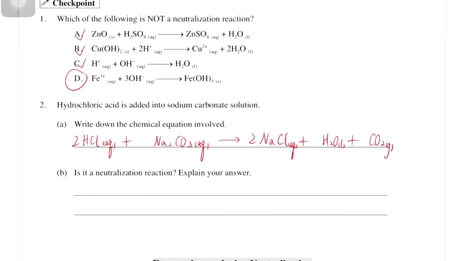Okay, so is this a neutralization reaction? Explain your answer. Remember, neutralization should only produce salt and water as the only products. But here we have carbon dioxide produced. So that tells you that this reaction is not a neutralization reaction.